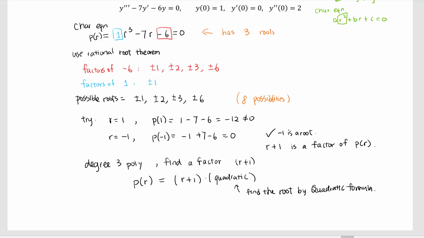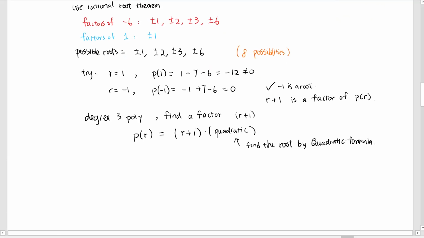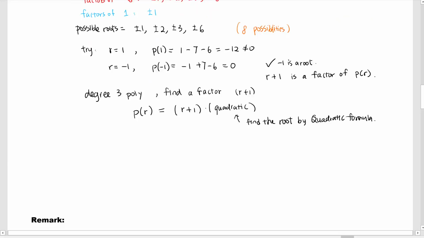So if we have a degree 3 polynomial, you use the rational root theorem, you just need to find one root, and then you can use long division to find the remaining quadratic factor. After that, you can either factor the quadratic factor or use the quadratic formula to find its roots.